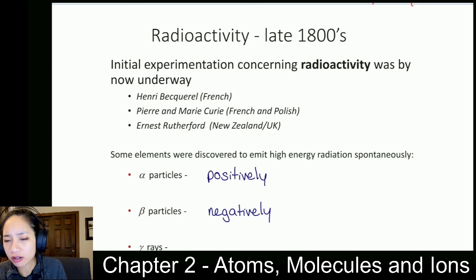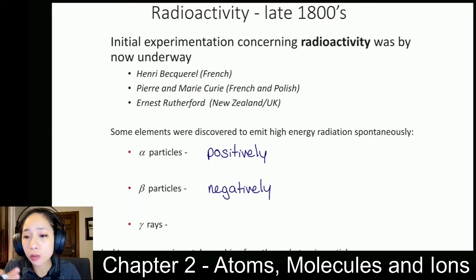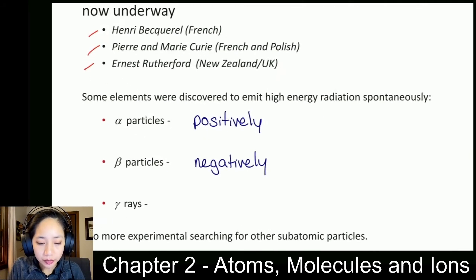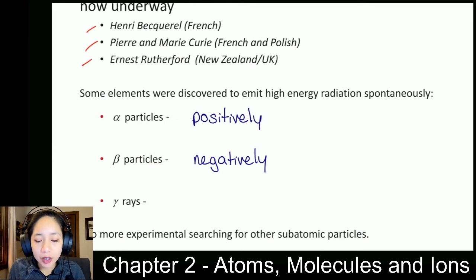These next ones aren't as interesting. So it's radioactivity that helped us discover protons and neutrons. This work was pioneered by these different chemists, so Henri Becquerel, the Curies, and Ernest Rutherford, who we'll talk about later in atomic structure. So it was radioactive elements that helped us discover the proton and the neutron.